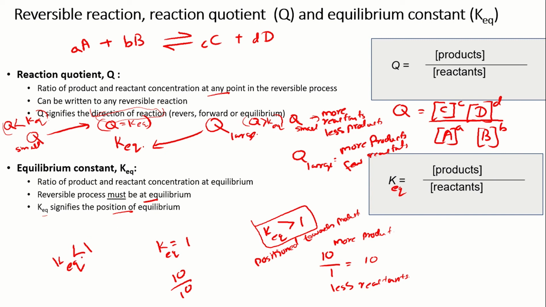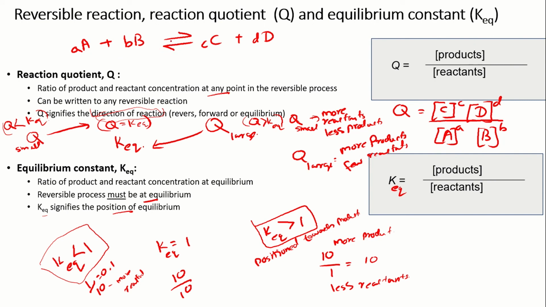If your equilibrium constant is less than 1, for example a situation like 1 divided by 10, that is 0.1. Now what kind of situation does this signify? This means less products and more reactants. So if you are getting an equilibrium constant smaller than 1, what it signifies is that you have more reactants when this system is at equilibrium.